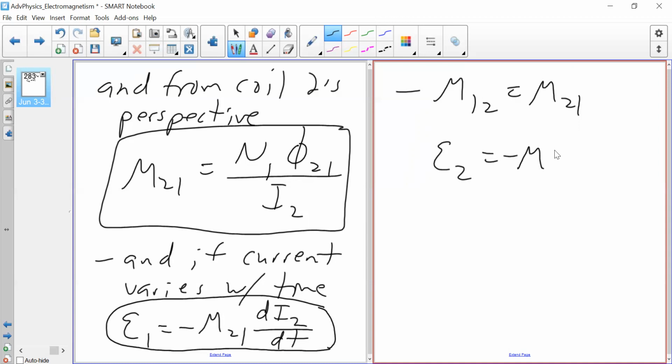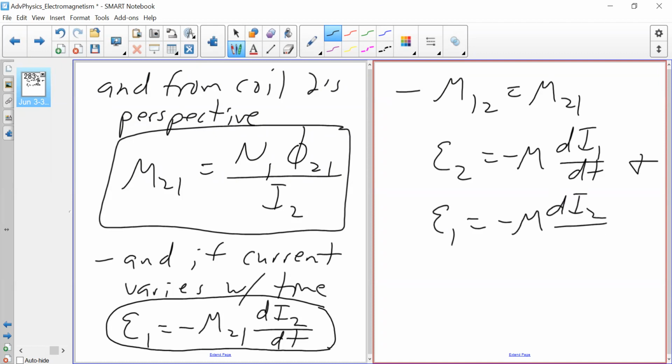So E2 is negative M di1/dt, and E1 is negative M di2/dt. The times are the same, the Ms are the same, and so those are the same.